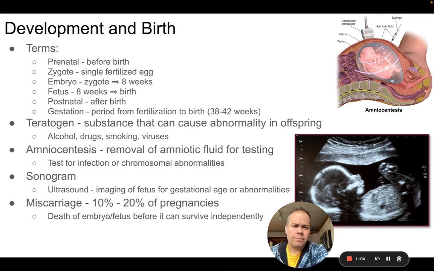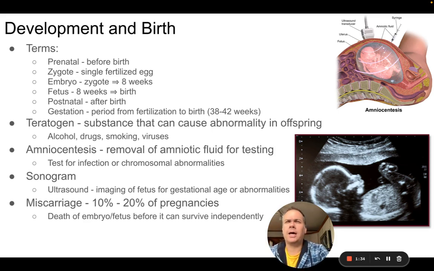The amount of time that a given species develops in the womb is called its gestation. In humans, gestation takes about 40 weeks. Okay, about 9 months or so, actually a little bit more. Between 38 and 42 weeks is typical and normal. But that's about the length of human gestation, about 40 weeks. Different animals have different gestational periods.